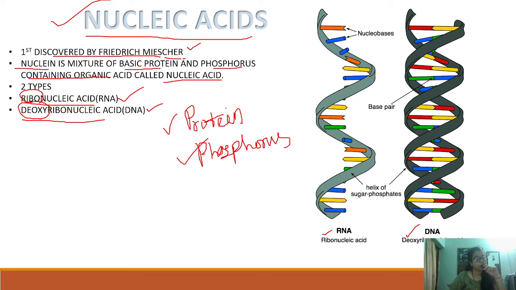As you have known, the DNA is a double helical or double stranded structure and the basic genetic material for all living organisms, and some viruses also contain DNA as the genetic material.